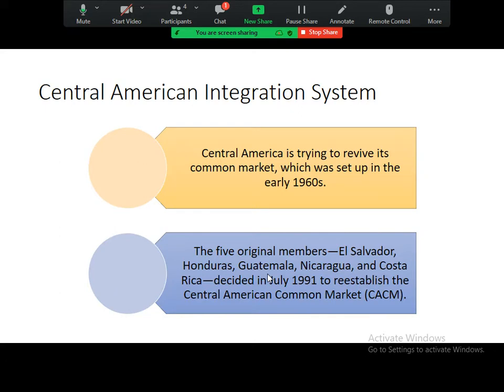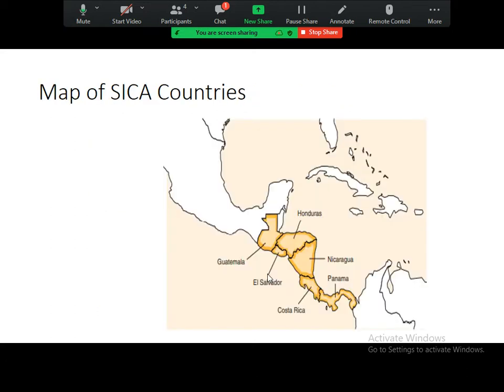Central America is trying to revive its common market, which was set up in the early 1960s. The five members, El Salvador, Honduras, it's very difficult to spell these names, Costa Rica, Panama, I know, and the rest of the three. You can just see these names.